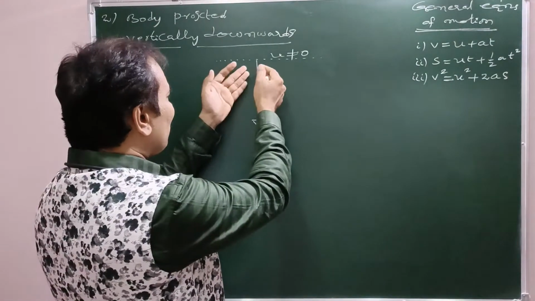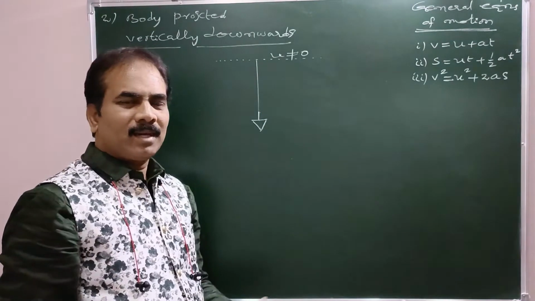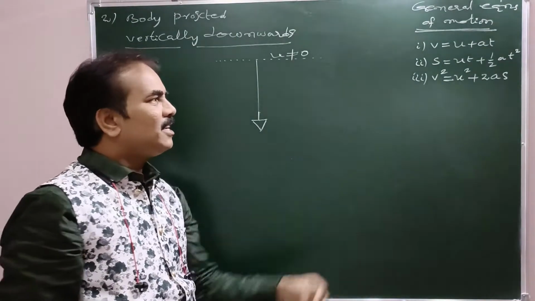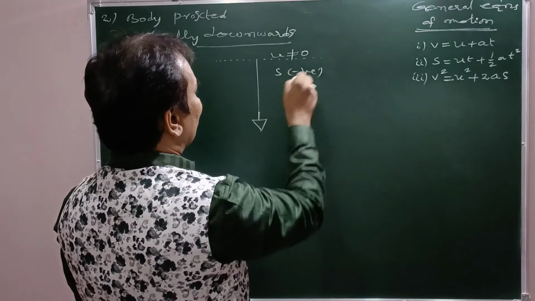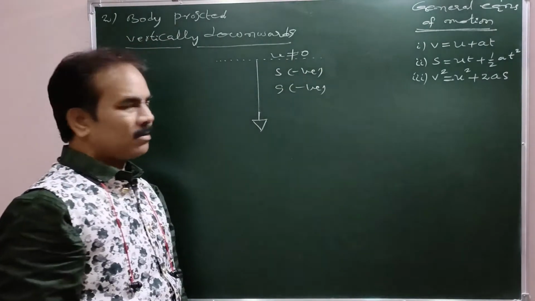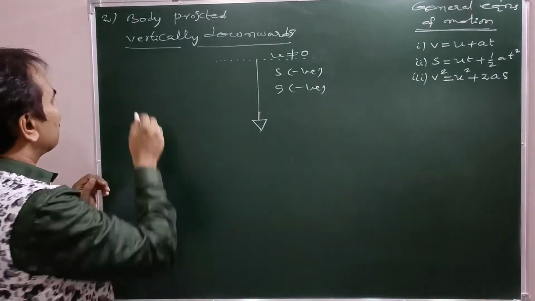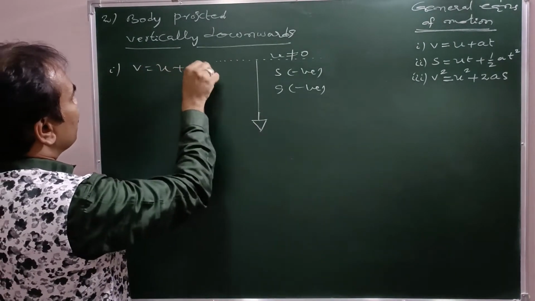As the body moves on a vertical line below the axis, displacement is negative and g is negative, and u is non-zero. Now the first equation: v equals u plus at.